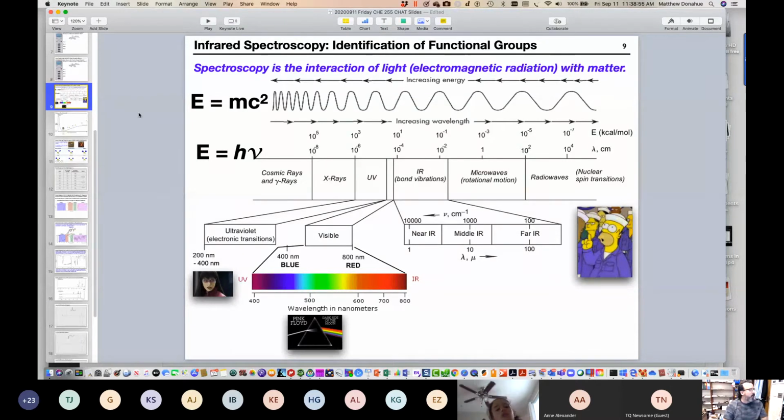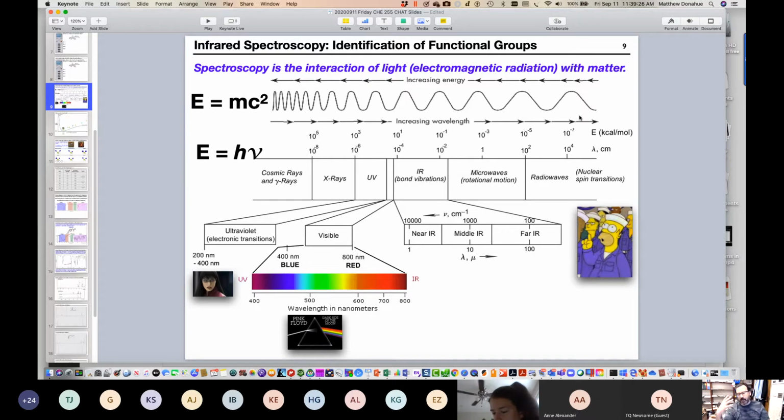We all know this equation here, E equals mc squared. So that's energy is equal to mass times the speed of light squared. So here is the wavelength. If we define the wavelength from, say, trough to trough or crest to crest, the longer that wavelength, the lower the energy.